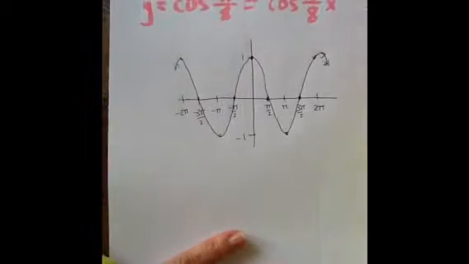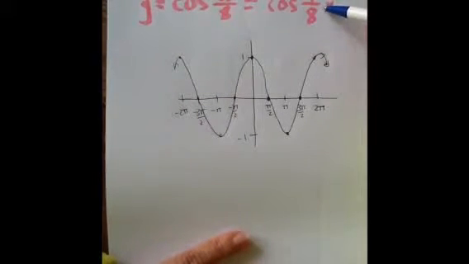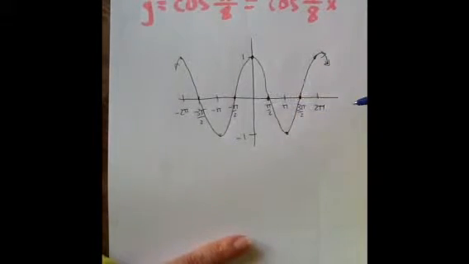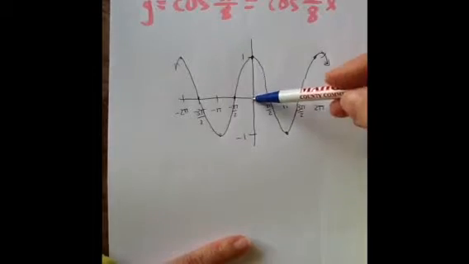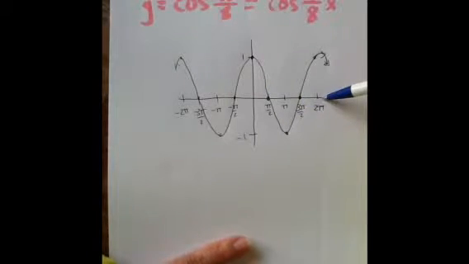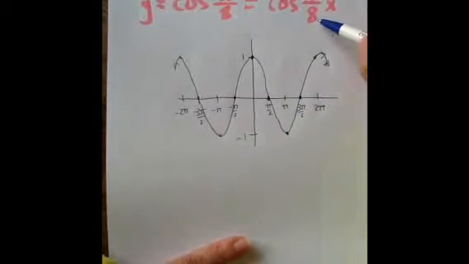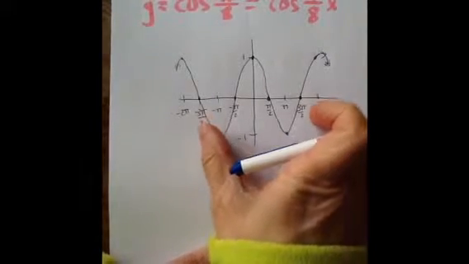Now if you'll notice, this looks like it's going to be a horizontal stretch. I know you're looking at it as 1/8, but you can look at it and say a normal cosine is in 2 pi radians. That's a normal cosine. However, we're going to make 1/8 of it in 2 pi radians.